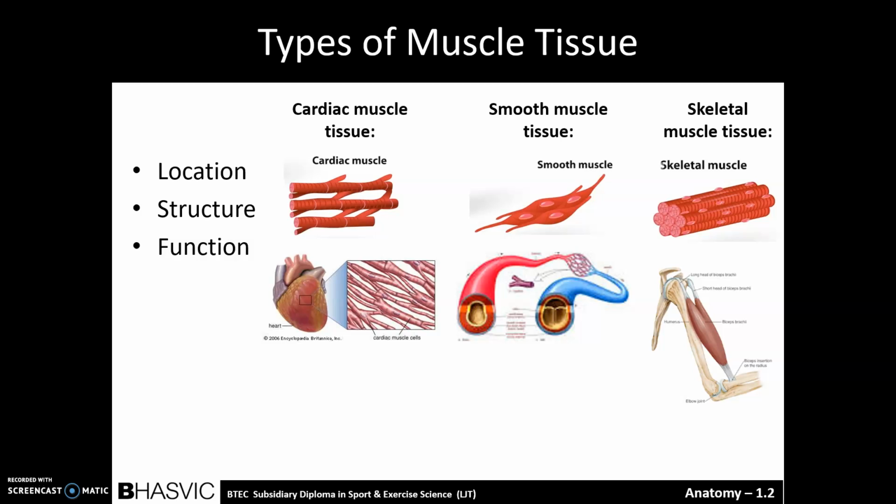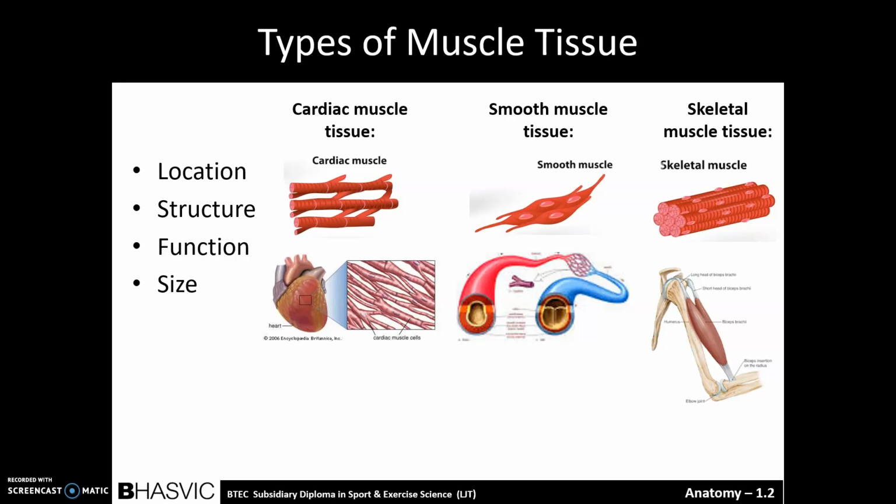Differently, skeletal muscles are part of the musculoskeletal system, and their main function is to create movement by pulling on bones to create movement, and they are connected via tendons.